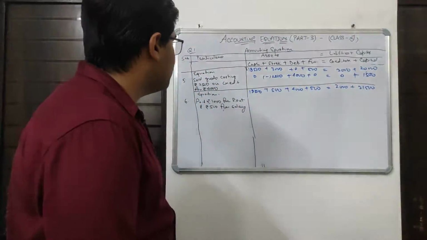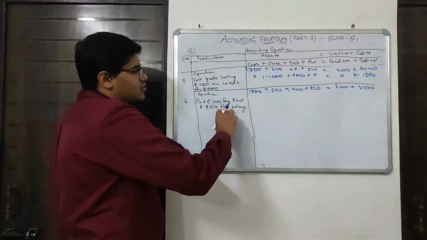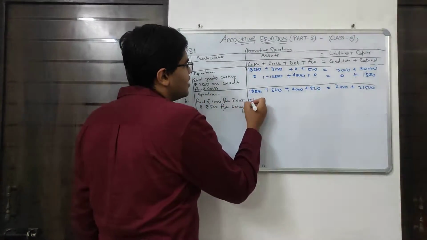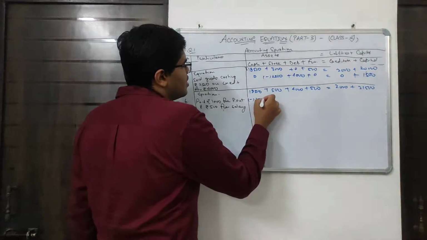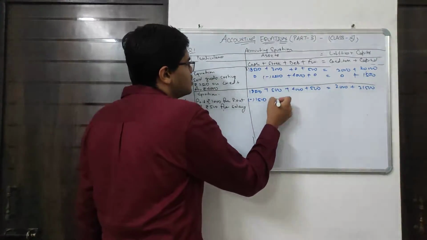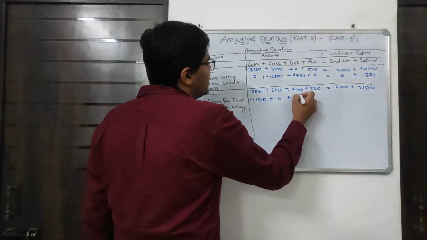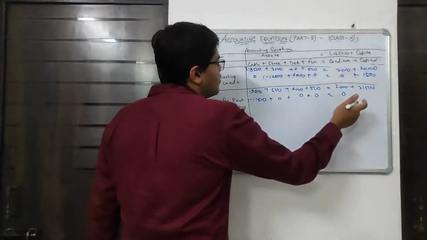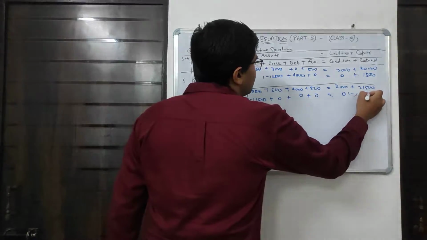Since we are making the payment of rent and salary, both expenses, you can club up 1,000 plus 500 as 1,500. 1,500 will be deducted from cash, no change in stock, no change in debtor, no change in furniture, no change in creditor, and here also the 1,500 gets deducted.